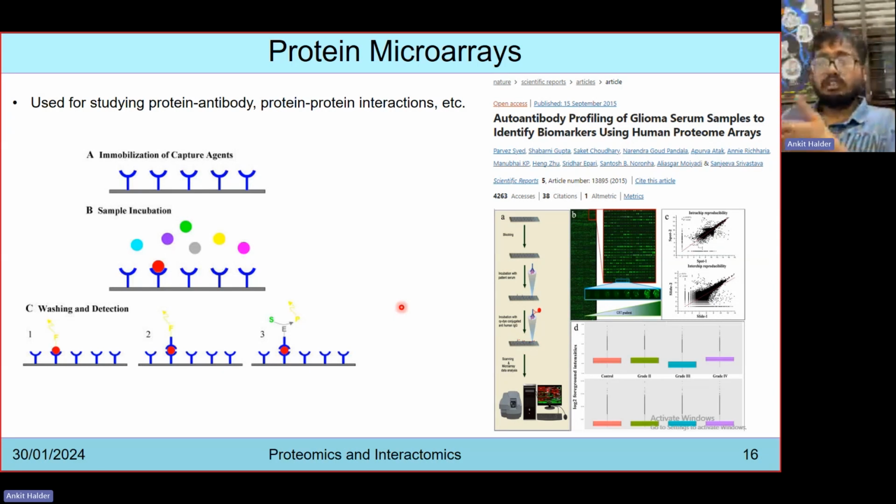If you have all the 20,000 proteins printed on your glass slide, and you spread your analyte sample, be it serum or any patient sample, on it, then since the proteins are from a normal human being and the antibody should not be present, otherwise there will be autoimmune reactions.